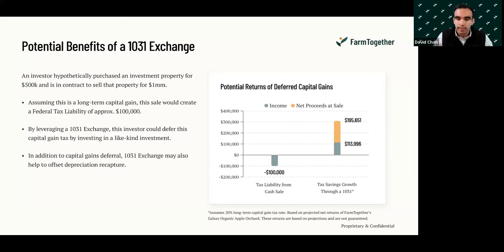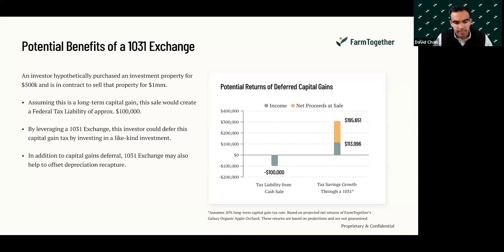We'll learn about a product momentarily called a tenancy in common, or TIC, investment. If they were to be a TIC investor in Farm Together's Galaxy Organic Apple Orchard, the comparison here would be potentially an outflow of $100,000 to meet that tax liability from the cash sale, or potentially generating almost $114,000 of income and just south of $200,000 from net proceeds of sale through the Galaxy Organic Apple Orchard investment opportunity at Farm Together.